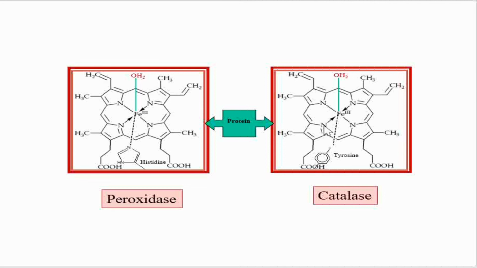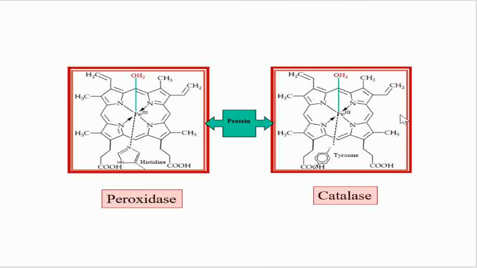In catalase, the metal center is again a +3 iron center attached to four nitrogens. The fifth ligand is the tyrosine of the protein that surrounds this heme prosthetic group, and the sixth coordination is satisfied by an H2O molecule.